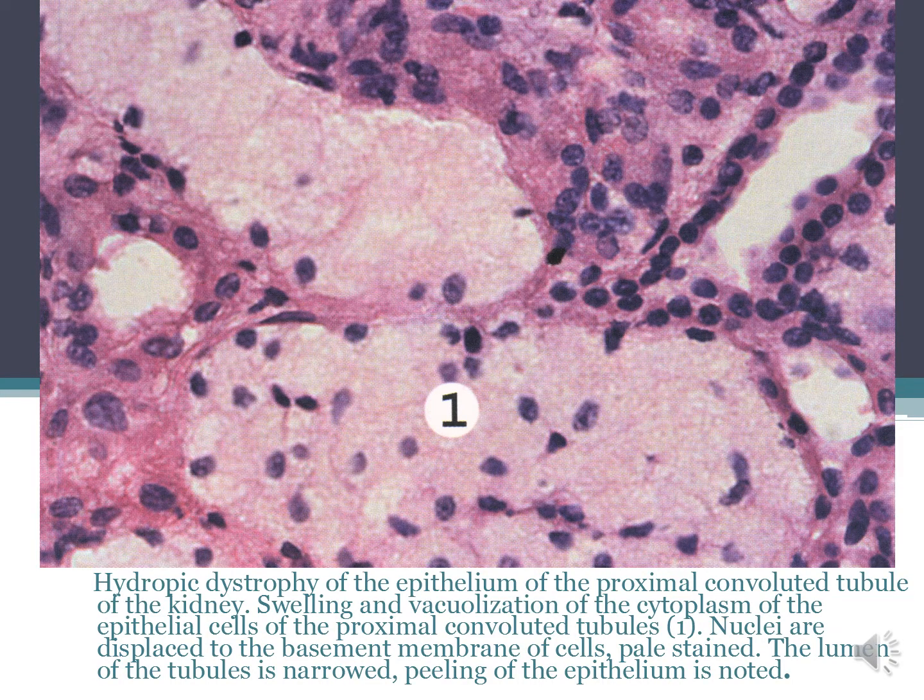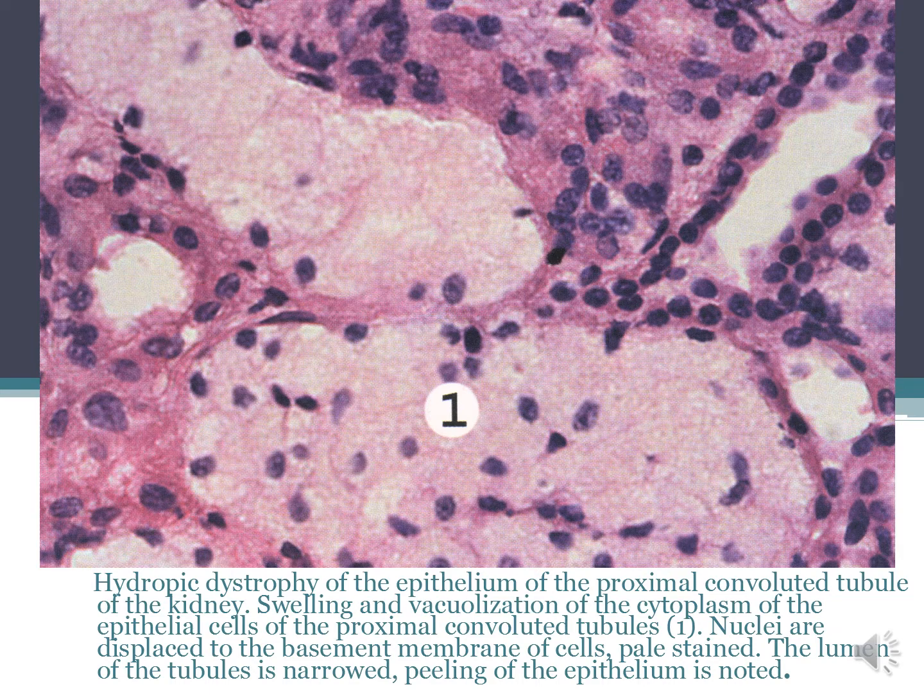Here we see a tissue sample of kidney under the microscope under high magnification, and we see the hydropic dystrophy of the epithelium of the proximal convoluted tubule of the kidney. We see swelling and vacuolization of the cytoplasm of the epithelial cells of the proximal convoluted tubules.